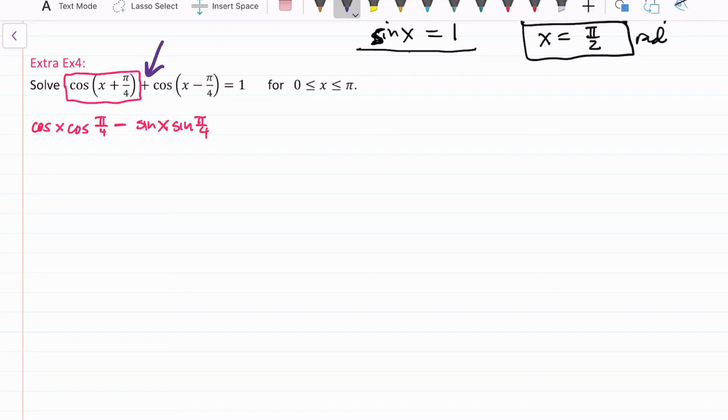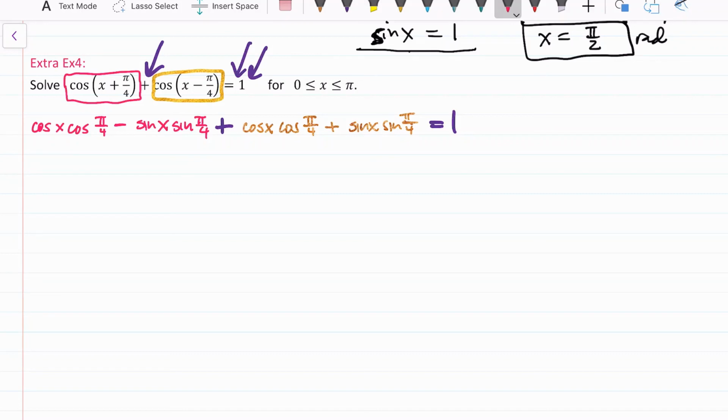I'm doing this part. And then we have a plus sign. And then we have the second part here, which will be cosine of x, cosine of pi over 4, plus sine of x, sine of pi over 4. And we have equals 1.